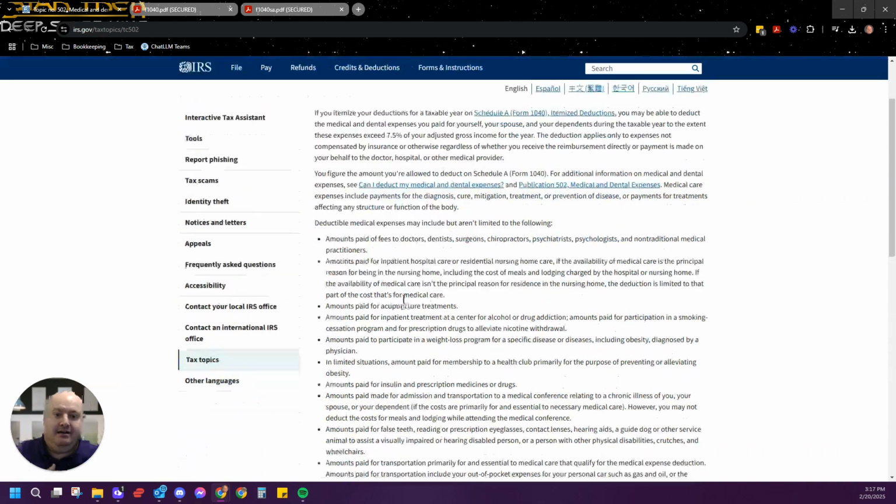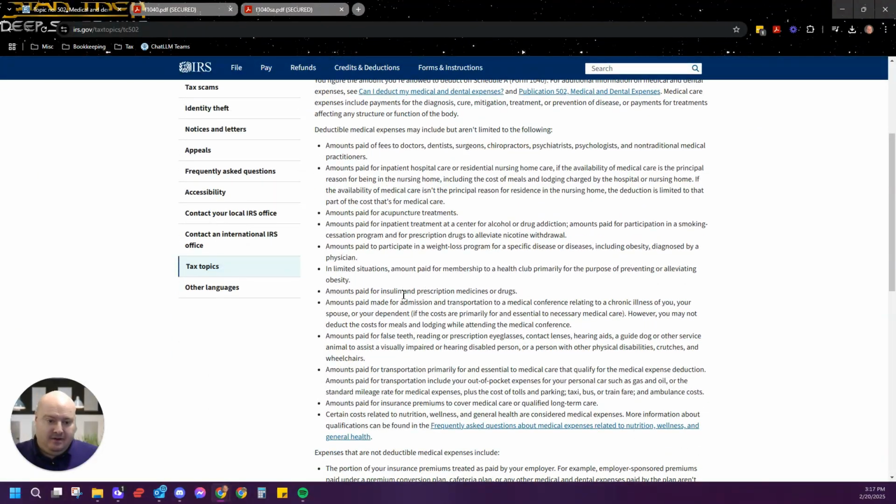So you can read this, but basically doctor's visits, any doctor's visits, hospital care, nursing home care, acupuncture treatments, inpatient treatment for alcohol or drug addiction, a weight loss program for certain diseases, but you have to be diagnosed by a physician. A health club in some cases.